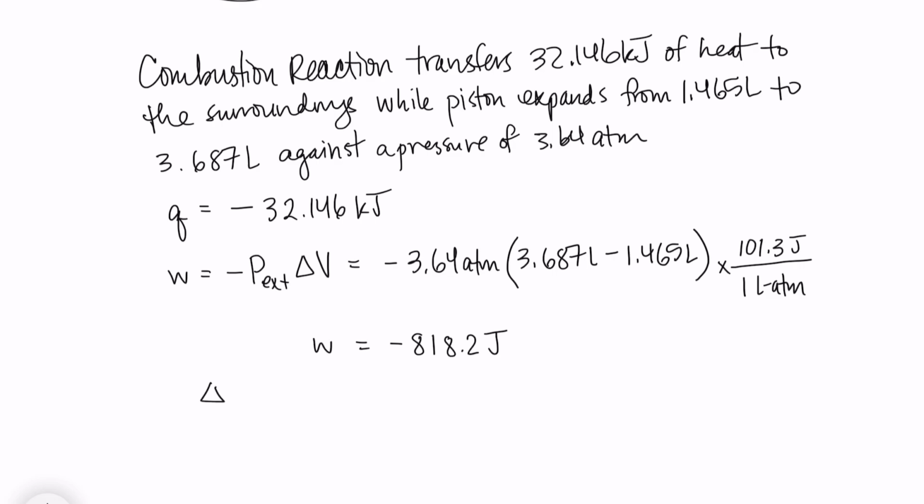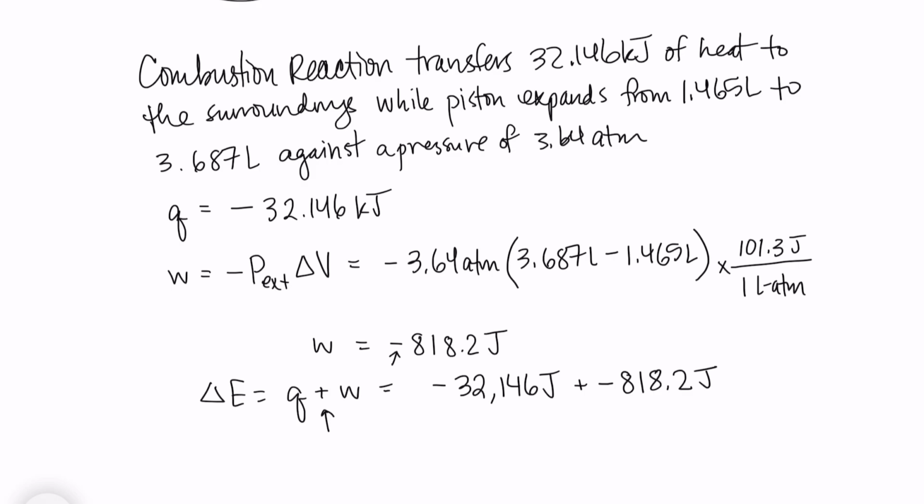So now if I need my delta E, I'm just going to add together my Q and my W. That's negative, and I'll turn this into joules, 32,146 joules, and then plus negative 818.2 joules. My equation says plus, but the sign of the work is negative. So in the end, I'm going to subtract that.